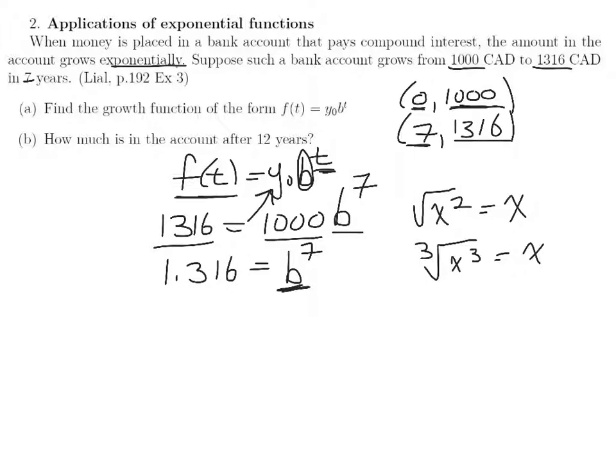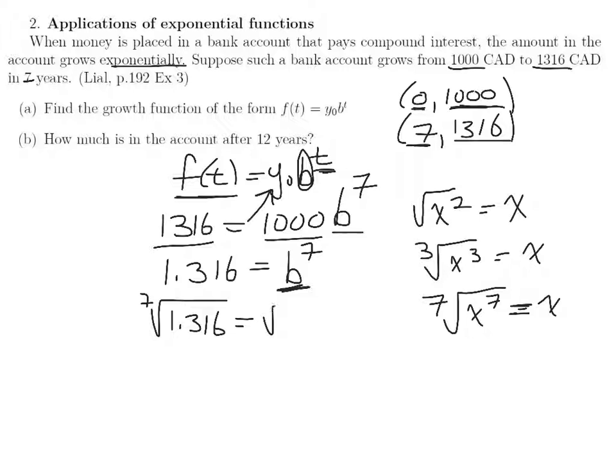The 7th root of x to the 7th would equal x. So you see the pattern? So here we'll just take the 7th root of this b to the 7th, which means we have to take the 7th root of the other side. So the 7th root of 1.316 is equal to the 7th root of b to the 7th.